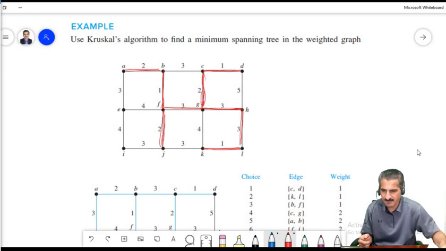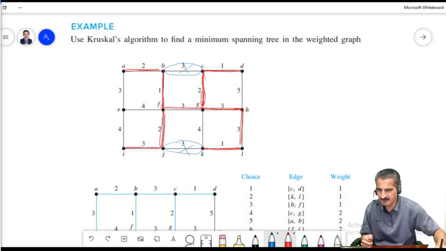And notice once I took the last one, I will not be able to take this anymore because if I take it, I make a circuit. And I will not take this anymore because otherwise I will make a circuit. Can I take this one? Yes, and this is 3. Can I take this one? Yes. No more edges of weight 3.